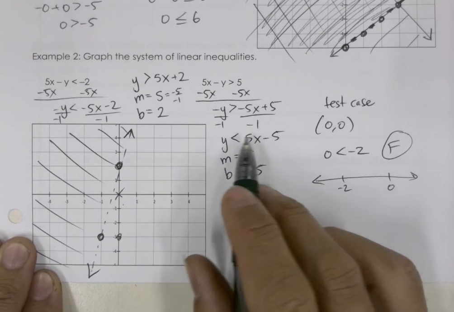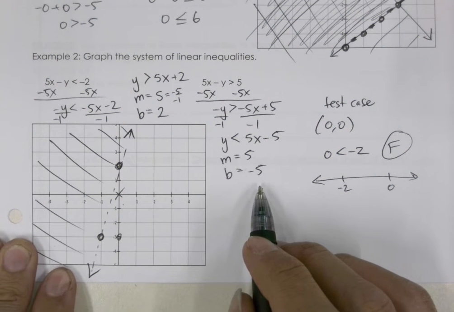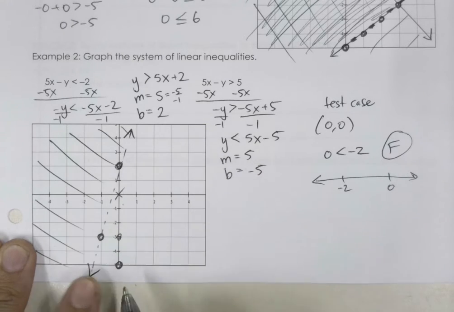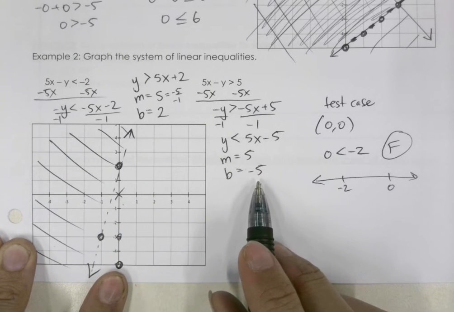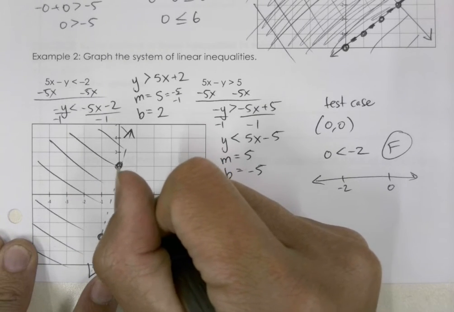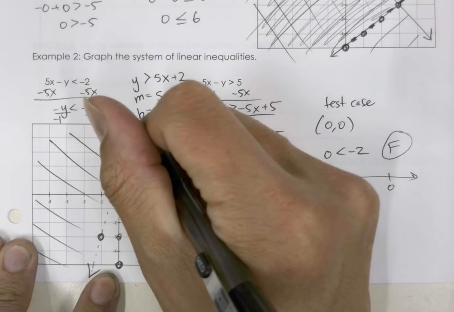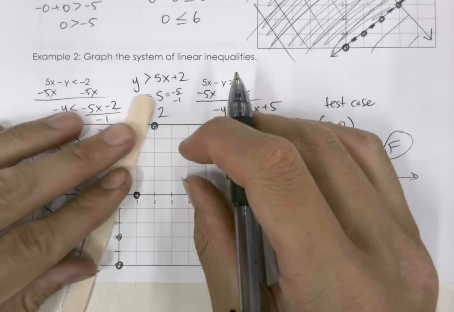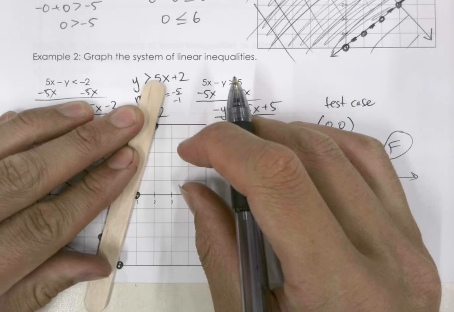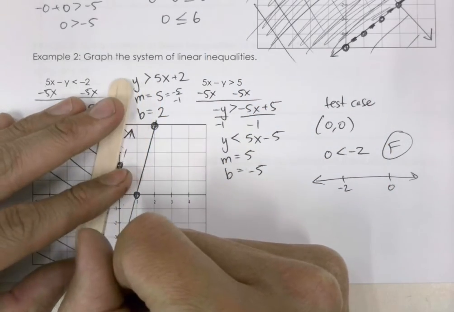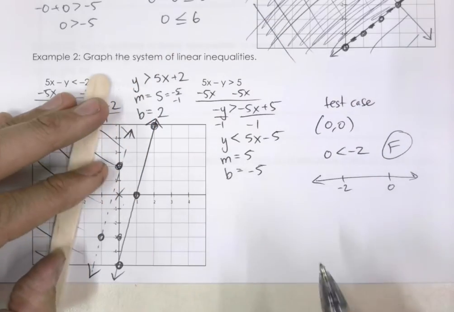Let's do the same thing for the second line. We start at negative 5, which is down here. We draw our first point, our y-intercept. Then our slope is 5 over 1, so we go up 5 over 1. That's our second point. Up 5 over 1 again is our third point. I'm going to lay down my straight edge and draw my line.